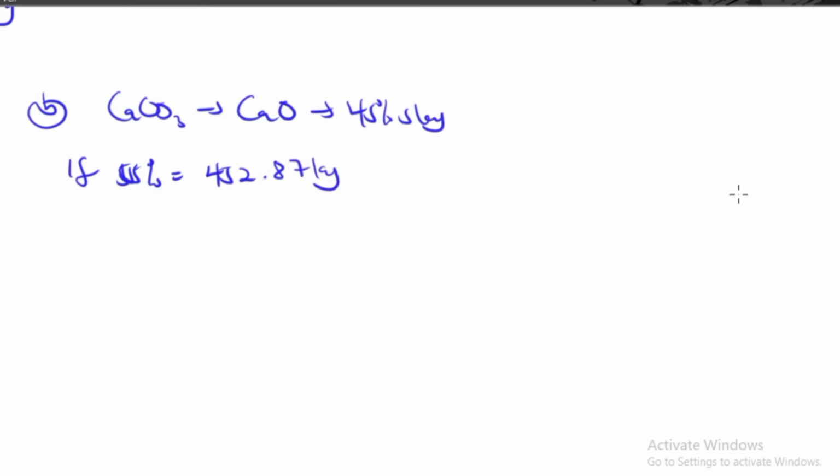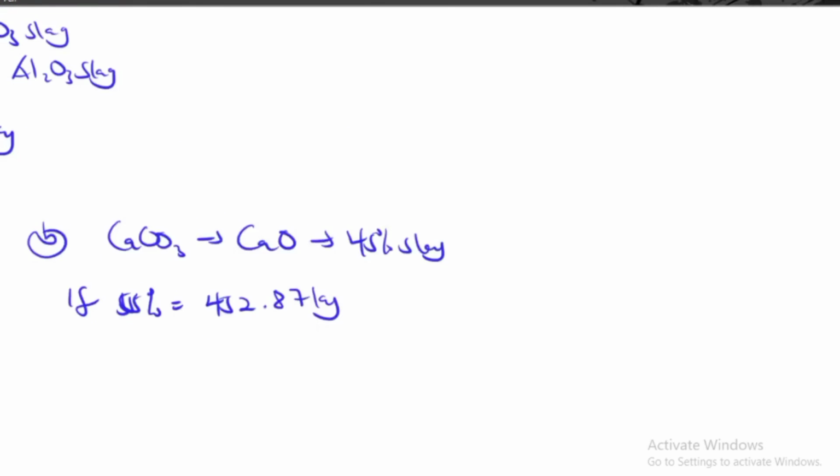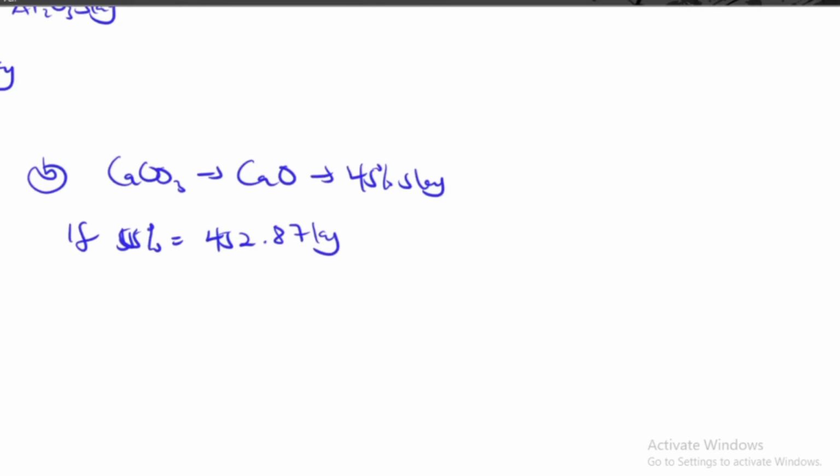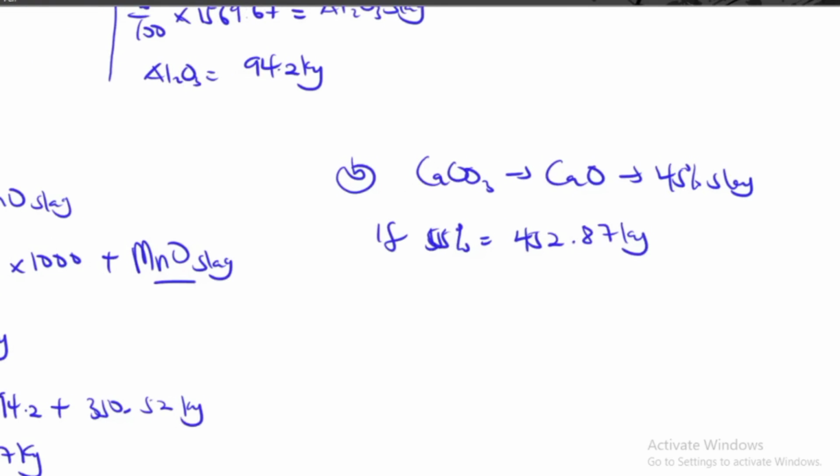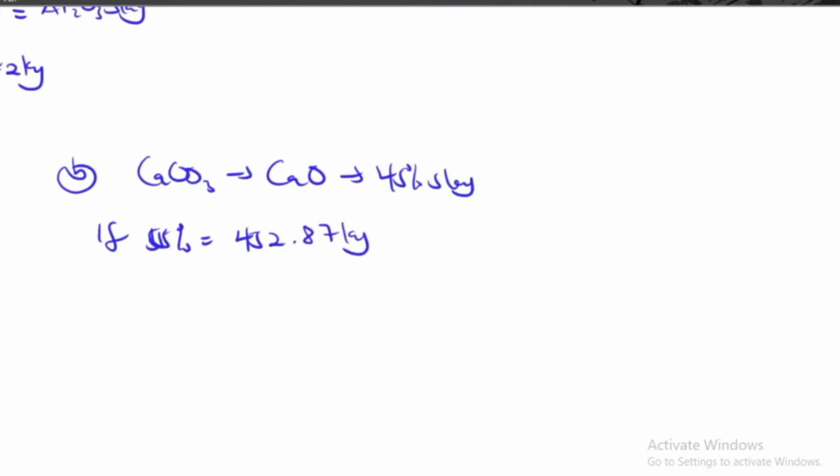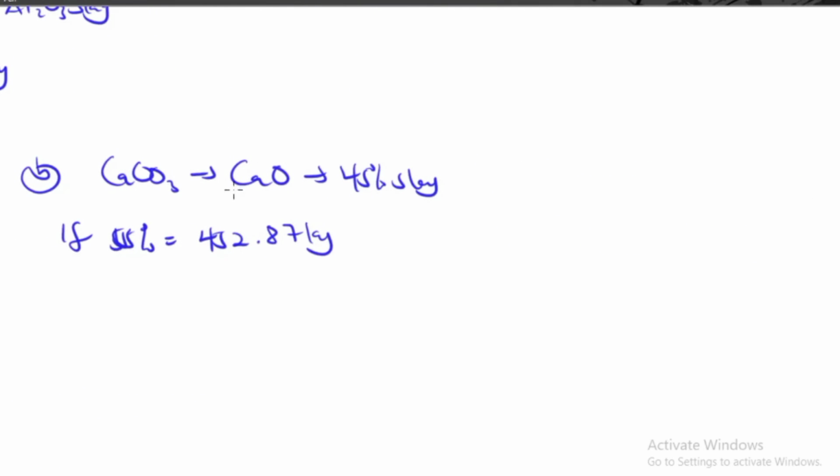Let me see what we had here. Yeah, 45. We want to see the total. Yeah, 452.87. So it means that 45% of the slag is calcium oxide, right? Therefore, the total slag that we found represents 55% of the slag, which gives 452.87 kilograms. Therefore, what will be 45%?